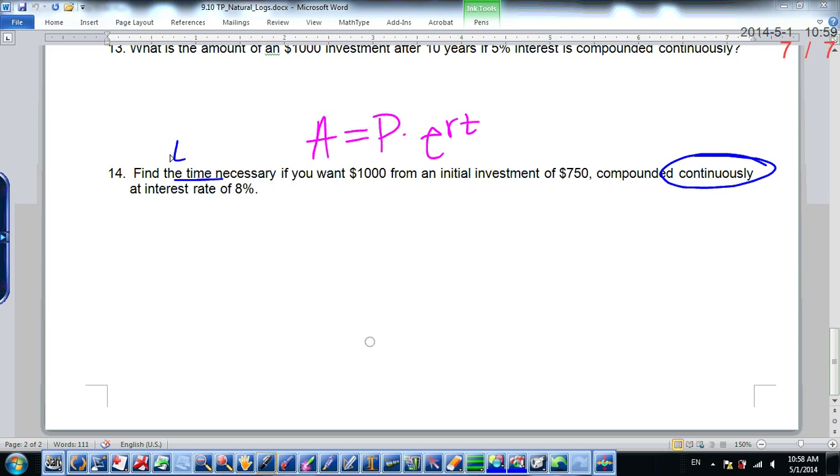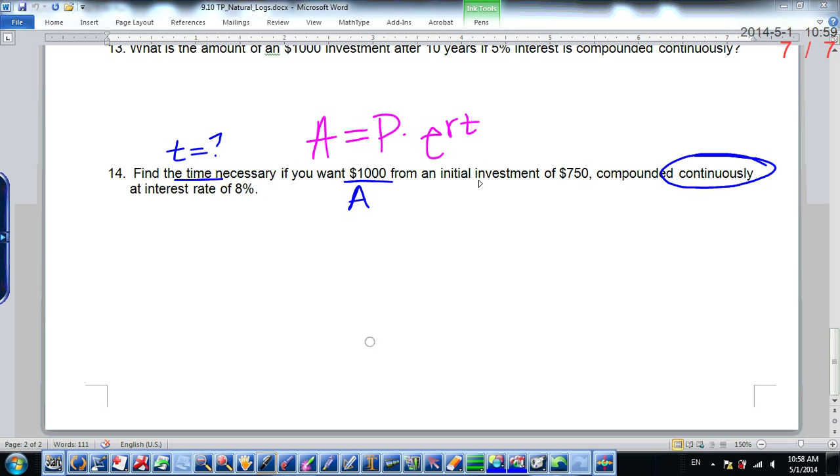Time. We don't know time. What is the 1,000? A. Oh, wait, yeah. It's A, because it says if you want to get this from this. Don't you add them together then? The way I read it is that you want to get your account up to $1,000, not earn a thousand on top of it.